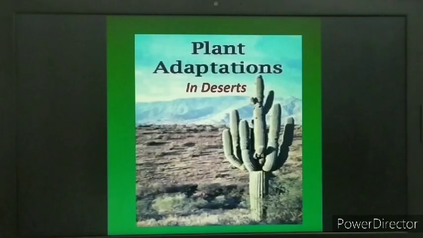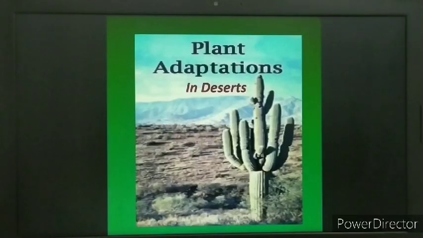It's a desert plant. So both the plants as well as animals, they have certain specialized characters. Their structures are modified, and these modified structures in the plants as well as in the animals only help the organism to survive in such adverse environmental conditions.